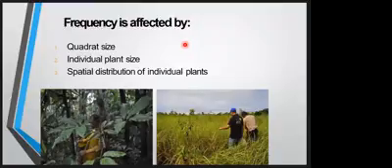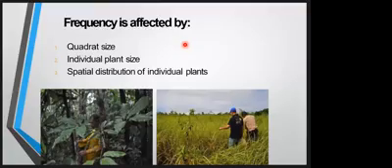So another is the spatial distribution of individual plants. Like I've always mentioned, plants can be dispersed all over the area. So it depends on where they can thrive in that specific area, because we don't know whether that habitat suits them.